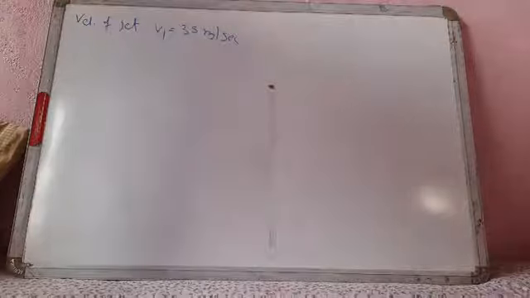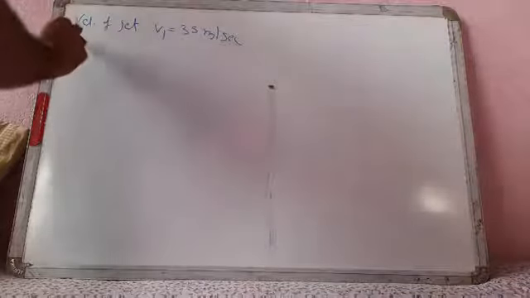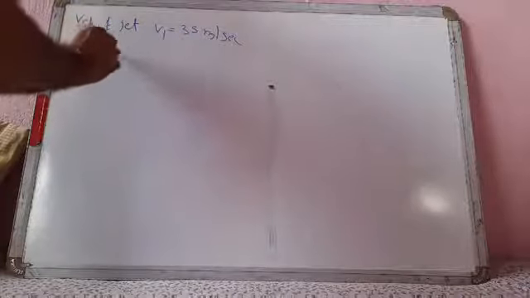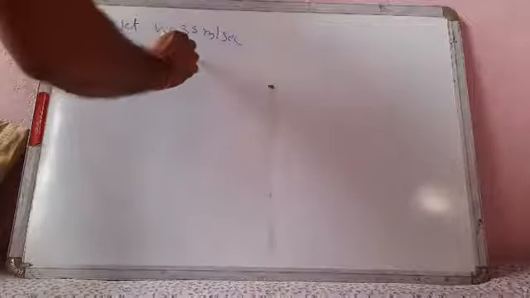The work done per unit weight of water entering the vane and the efficiency. Here the data given are velocity of jet V1 equal to 35 meter per second. Velocity of vane U1 equal to U2 equal to U is equal to 20 meter per second.